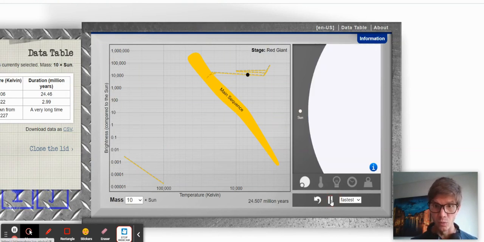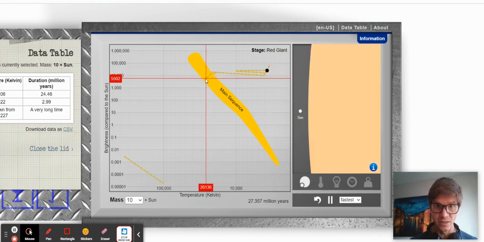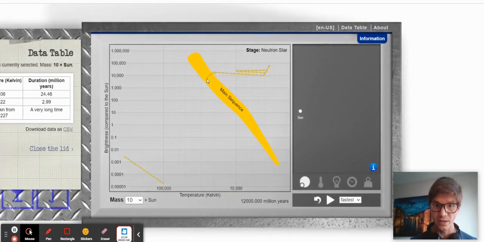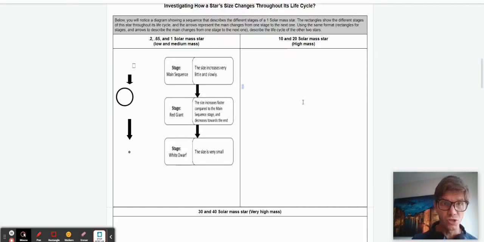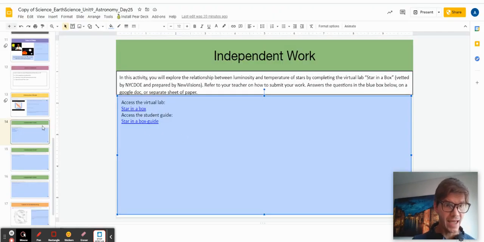Even though when we watch this, the sun went from starting its life cycle to ending its life cycle in just about 27 million years, which isn't that much compared to the length of life of our sun.